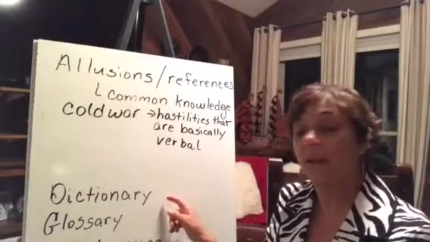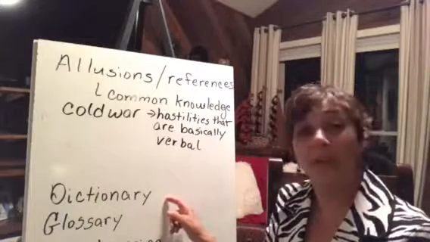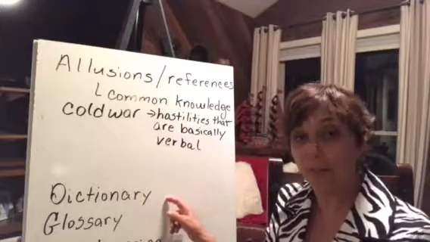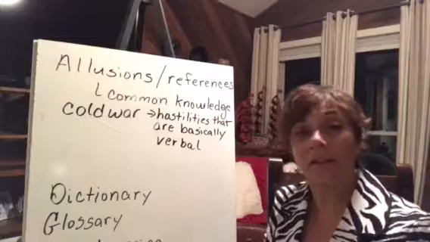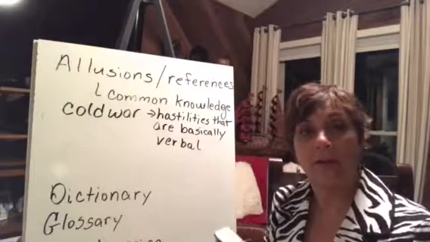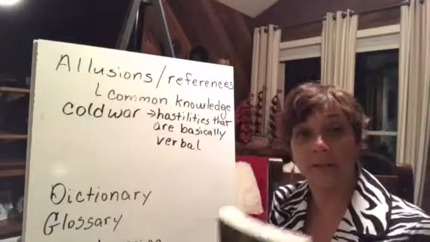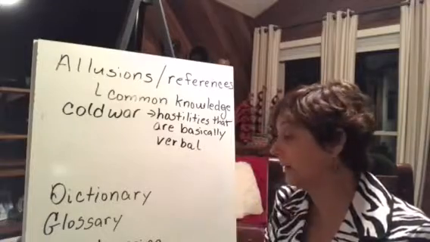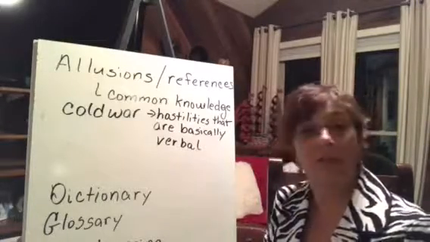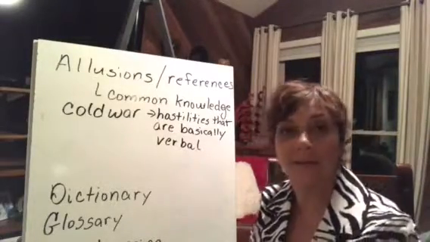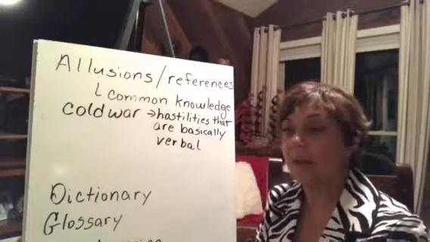The dictionary is important. If you know how to use it, it'll work for you. The glossary is going to be only terms that are found in the textbook that the glossary is contained in. And the search engine, I always say Google, but there are many search engines.